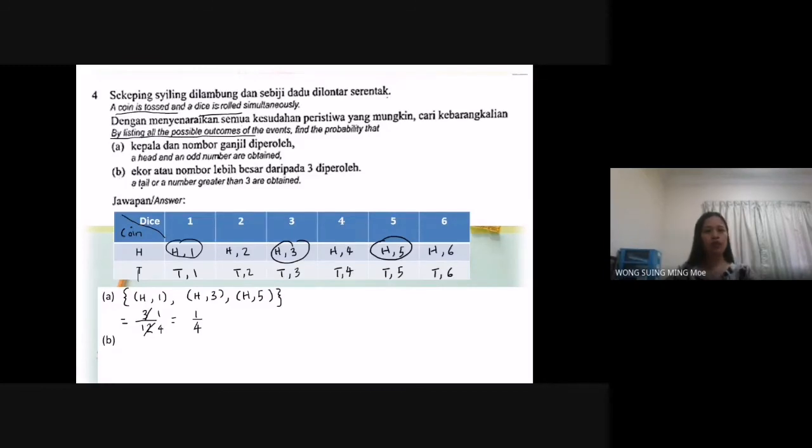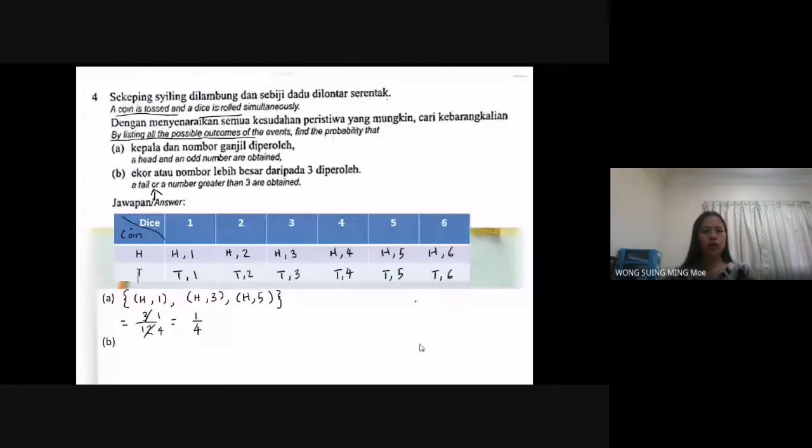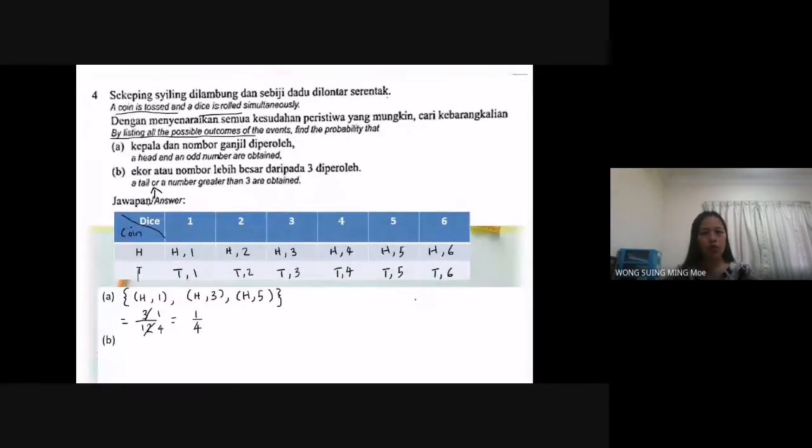Okay, now tail or a number greater than 3 are obtained. So the keyword is "or". When the keyword is "or", means can accept either one. A tail, you've got a tail, accept. Here, all can accept.